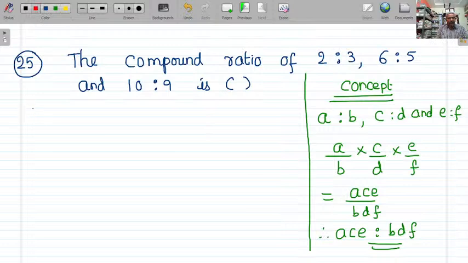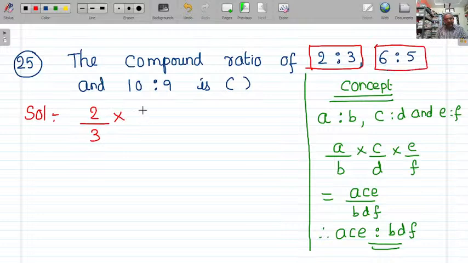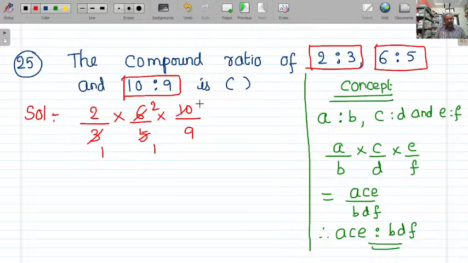So let us perform. Now to find the compound ratio, first 2 by 3 can be written as 2 by 3, multiplied with 6 is to 5, we can write 6 by 5, and 10 is to 9 we can write 10 upon 9. Simplification, if possible, simplify. 3 1s are 3, 3 2s are 6, 5 1s are 5, 5 2s are 10.